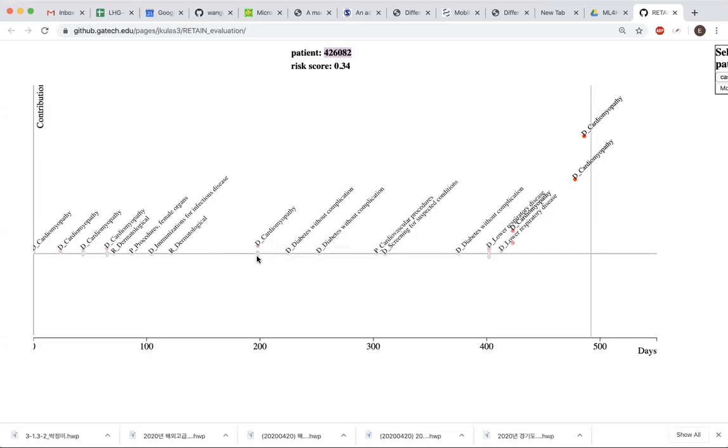Here I think three things are happening around day 200: ulcer drugs, so the patient was prescribed ulcer drugs, 위궤양 약; diuretics, something related to your blood pressure, 고혈압약; antihypertensive, again something to do with your blood pressure; and cardiomyopathy. I don't know what that means in Korean. Cardiomyopathy. Something to do with your heart.